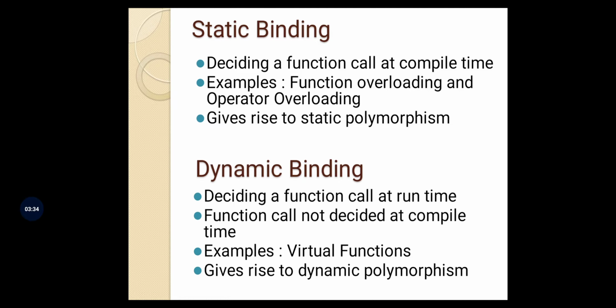So what exactly is binding? I have discussed binding in the class, but I'm just going to tell again. A function consists of different parts: one is the function body, where the entire logic for that function is written, and the second part is where the function is being called.